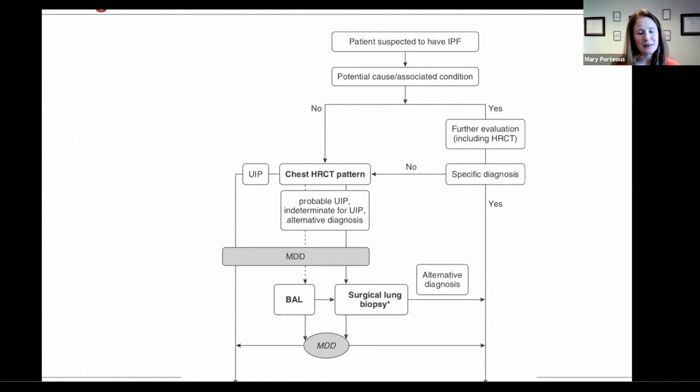I like to reframe these criteria: is this IPF or not? If you have a patient suspected to have IPF, which I put there as any interstitial lung disease, the first step is to look for a potential cause or associated condition.